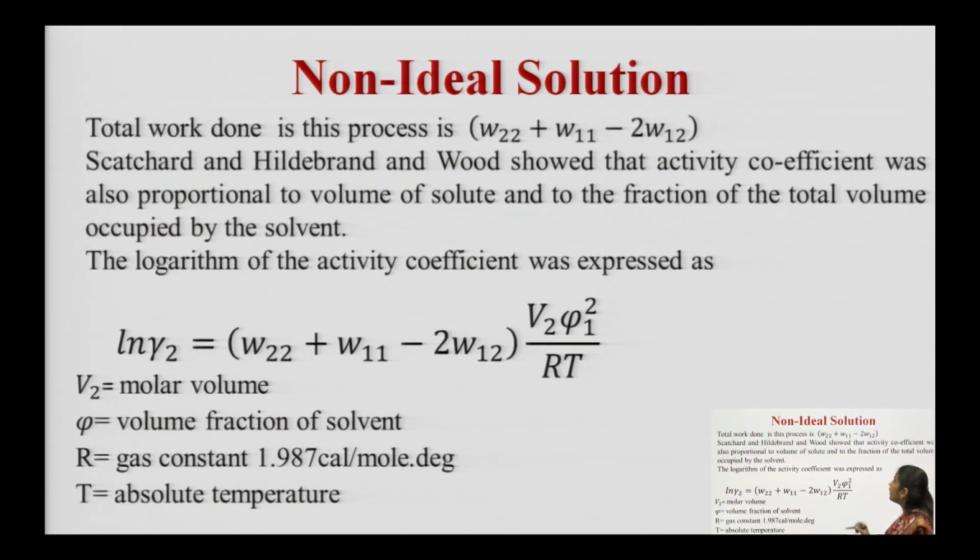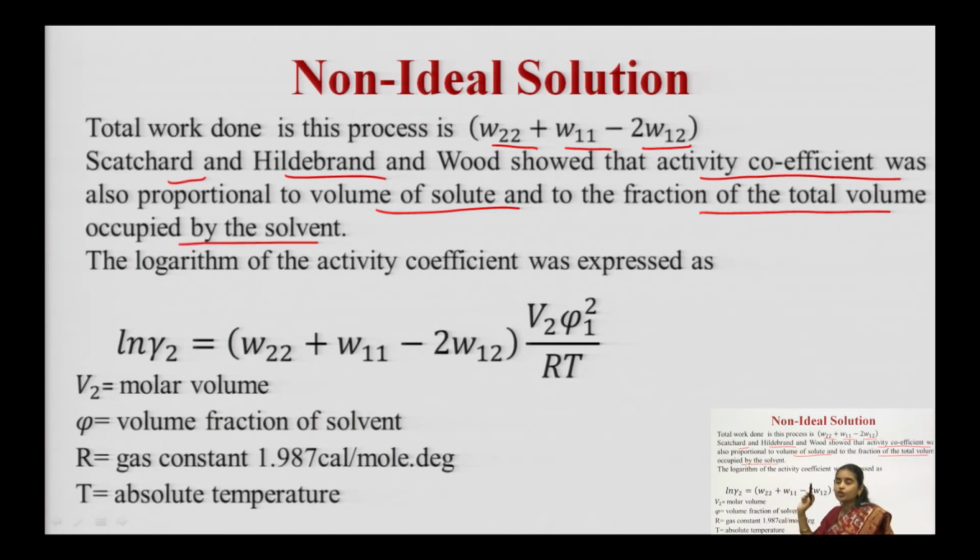So the total work done is W22 plus W11 minus 2 W12, and we know that Scatchard, Hildebrand and Wood have shown that the activity coefficient is directly proportional to the volume of solute and to the fraction of the total volume occupied by the solvent.